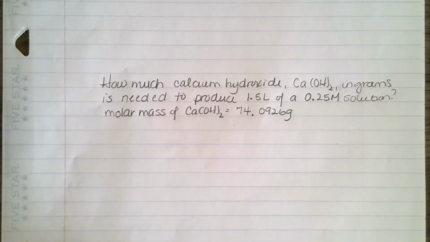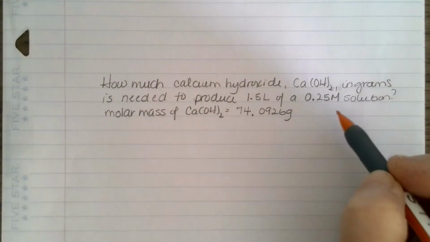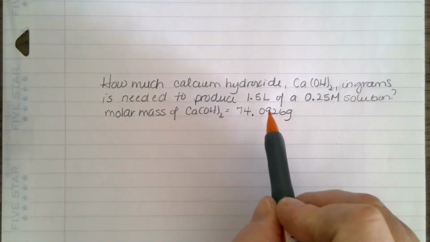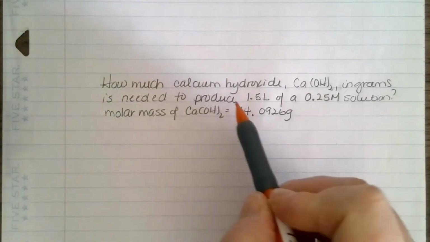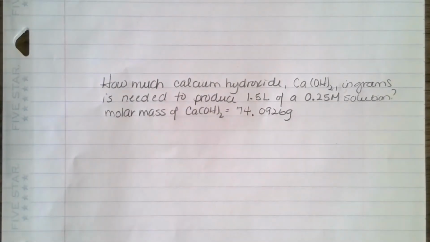This is more what I would probably do if I'm going to prepare calcium hydroxide for you to use in the classroom. If I'm supposed to have a 0.25 molar, and I know I'm going to need approximately 1.5 liters, how many grams am I going to need to put in solution in 1.5 liters to make sure that you have the proper solution to do your experiment?